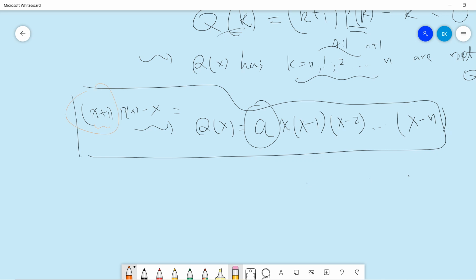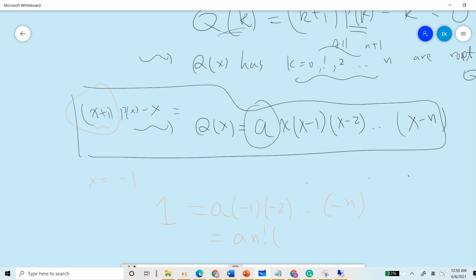On the left hand side you get 1, and on the right hand side you get a times minus 1 times minus 2 up to minus 1 minus n.